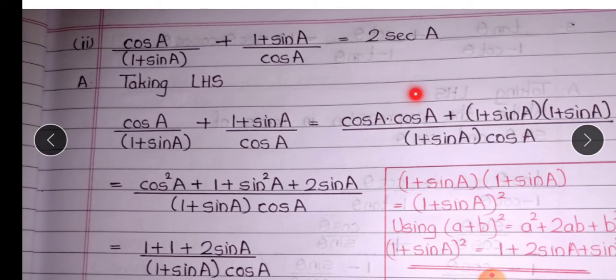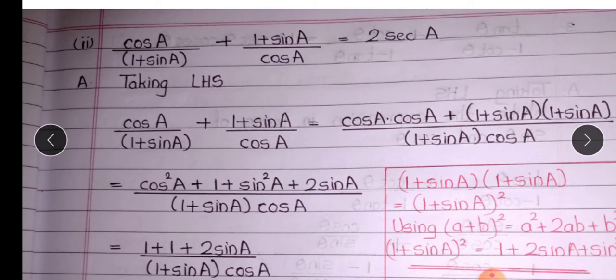Simplifying. How will I simplify? Cos A into cos A is cos square A. (1 plus sin A) into (1 plus sin A). Can I use any algebraic identity there? Yes, I can use the identity (A plus B) the whole square. What is (A plus B) the whole square? (A plus B) the whole square is equal to A square plus 2AB plus B square.